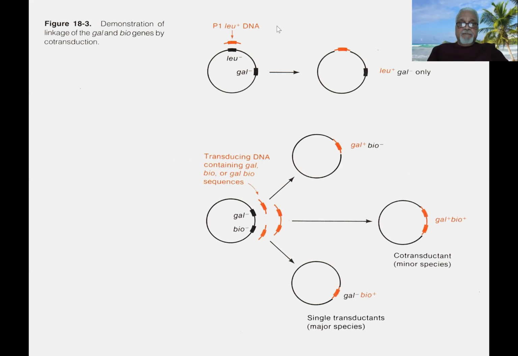If we have a donor DNA moving from a donor which is gal plus and bio plus, and different kinds of D-gal or D-bio or D-gal-bio plus phage have been generated, depending upon what they are carrying, they may carry just a gal plus and bio minus, or they can have the gal gene or the bio gene, or both the genes.